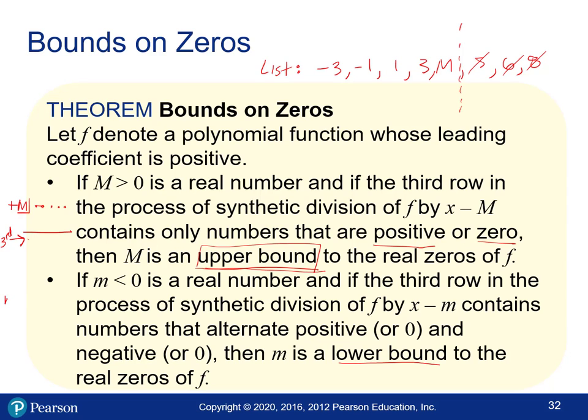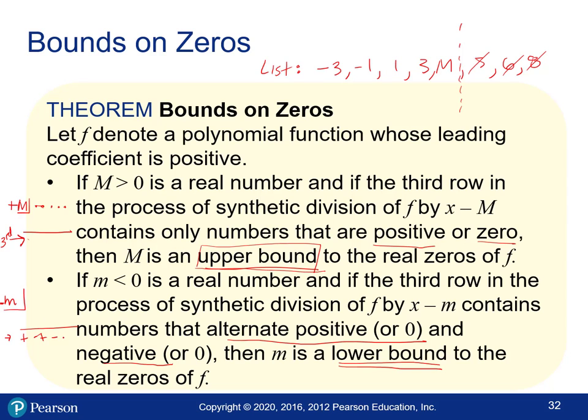Very similarly, you have a lower bound if the number is negative to start with, and the third row of your synthetic division has alternating signs. So the signs switch from negative to positive or positive to negative, or they're zero.